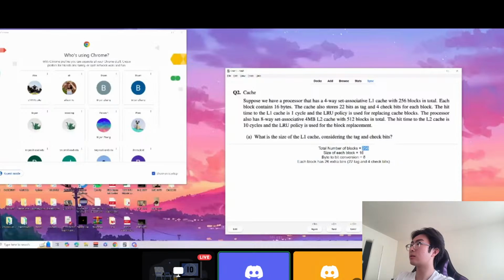So what is, I'm gonna see if a cache memory address is a thing in computer science.